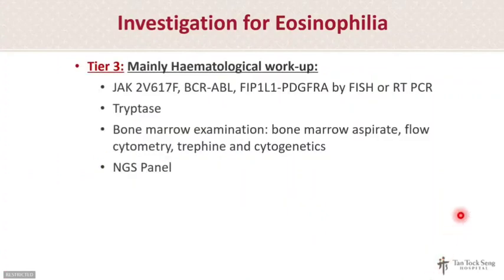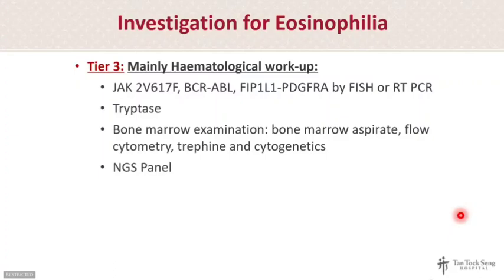Tier 3 investigations are mainly the hematological workup that we would do. Tier 3 investigations are mainly molecular markers like JAK2 V617F or BCR-ABL1, or like your Philadelphia chromosome and PDGFRA, which can be sent by FISH or RT-PCR.